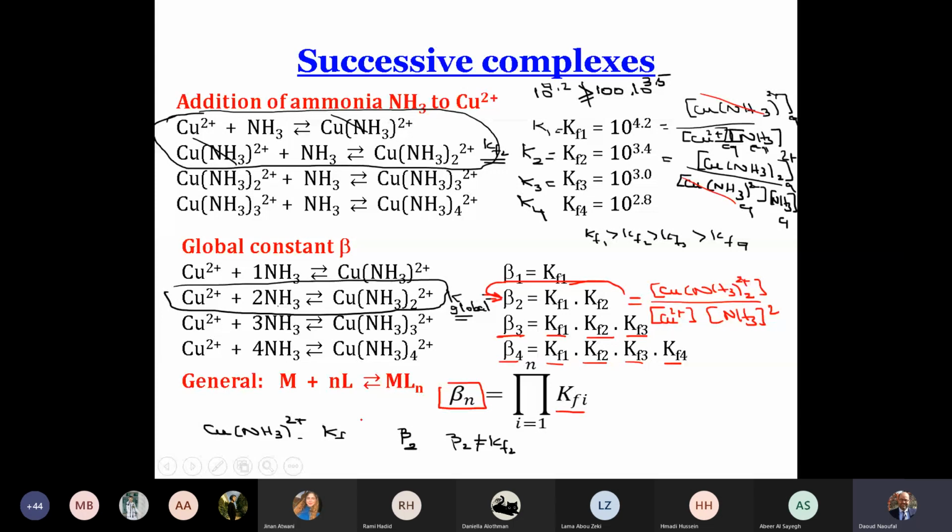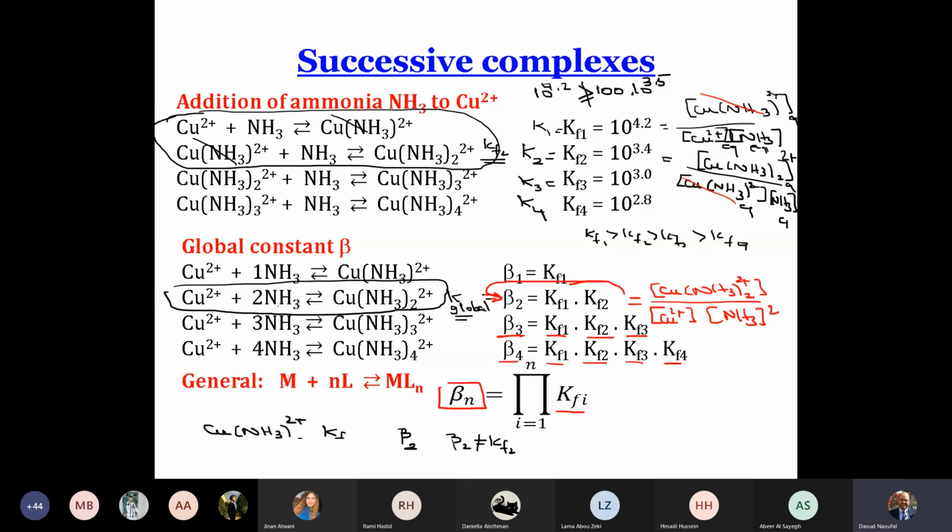As a conclusion, in the case of the successive complexes, in the data given, we can have Kf or beta. And do not forget that beta is identical to K global.